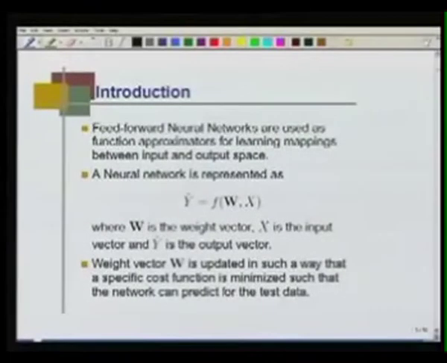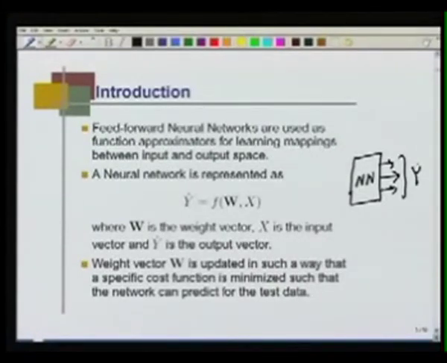learned. So, introduction. Feed forward neural networks are used as function approximators for learning mappings between input and output space. A neural network is represented as y equal to f(w, x), that is, if I have a neural network here, this is some neural network, then my output vector is y and input vector is x.